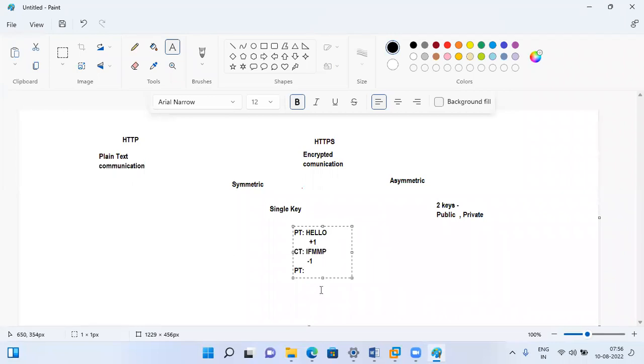Again, like if you want to decrypt, we have to go back by one letter. We'll be able to get the original text. So here, the key is +1. The +1 is the key, and the operation what we are trying to do is plus operation. Basically, this is the logic. Logic is plus, and the key is 1. The key has to be kept confidential.